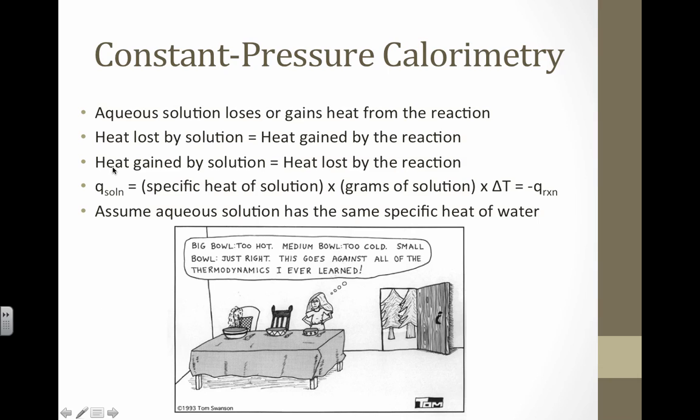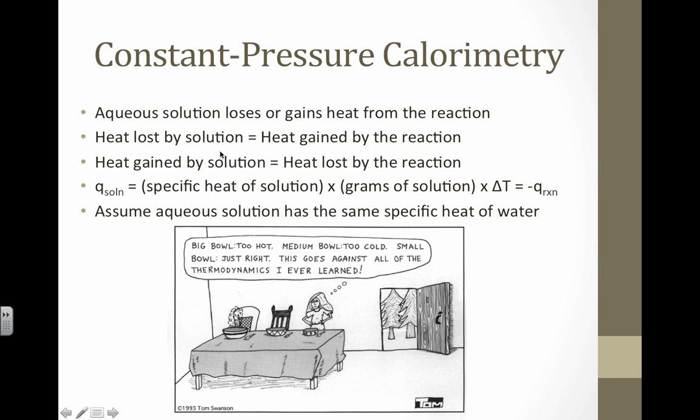Constant pressure calorimetry. The idea behind this is that water solutions gain heat from the reaction itself. So the concept behind calorimetry is that the energy given off by the substance will be absorbed by the water. And so the heat flow will go from the substance to the water if it's heat given off.